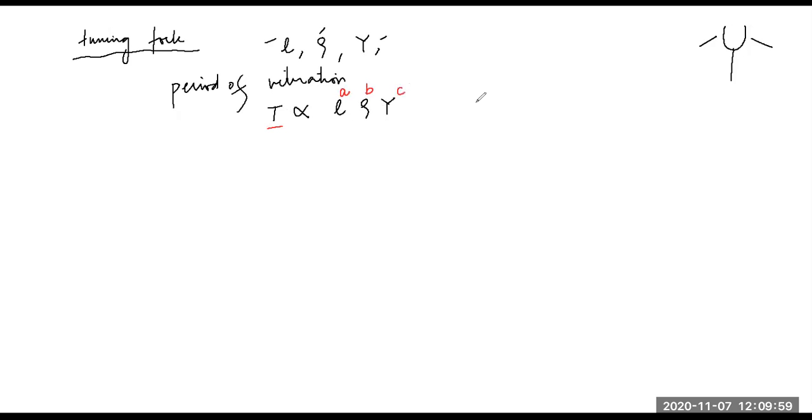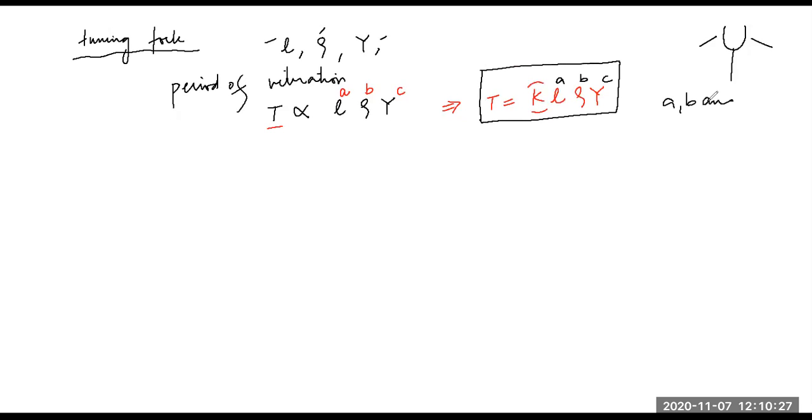So we can say that T is equal to K, a dimensionless constant of proportionality, times L, rho, Young's modulus Y, raised to the powers a, b, c. So this is the final formula. The only thing we need to find is the values of a, b, and c.